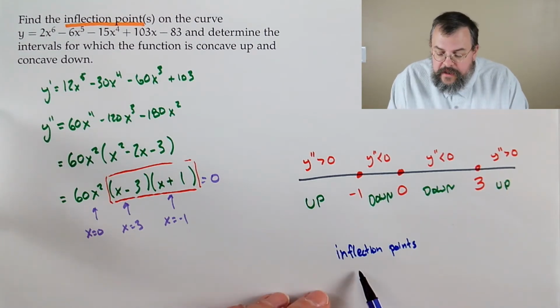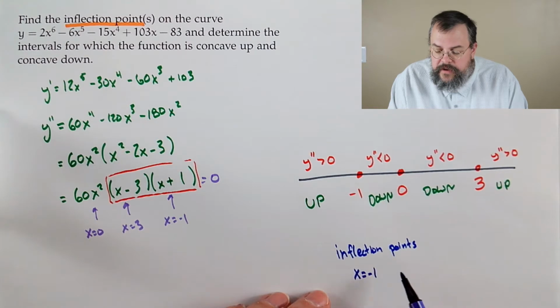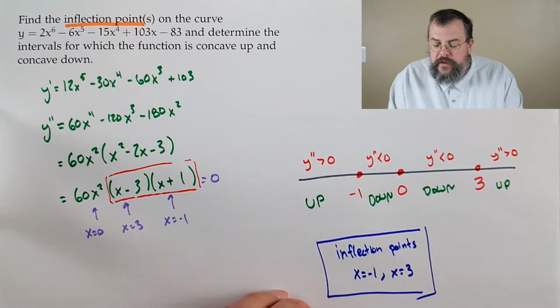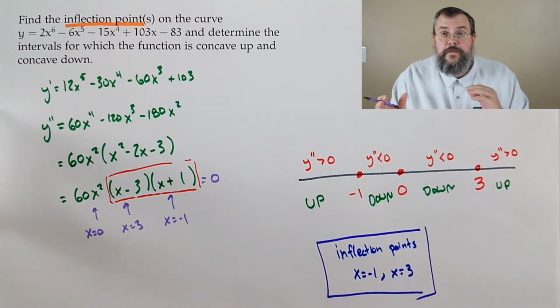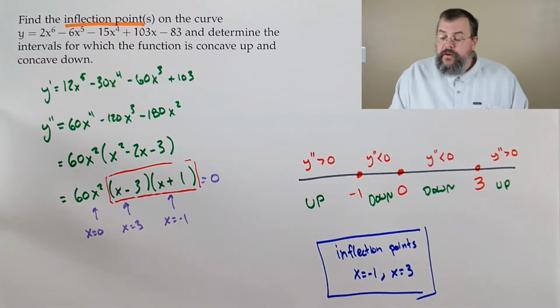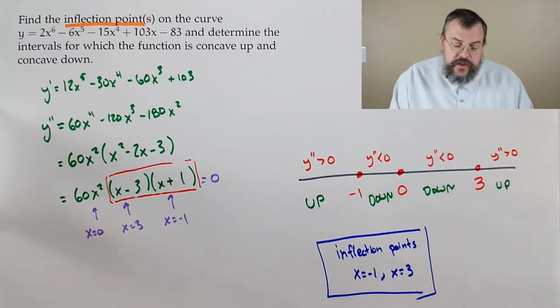You have to check. It's not enough to say, hey, where is my derivative 0? The real question is, what's happening to my second derivative on either side? That's what determines whether or not you have an inflection point. So always make sure to check.